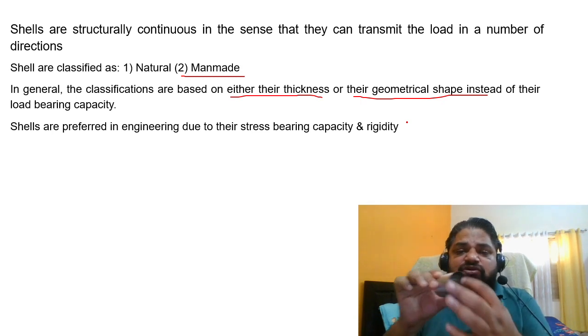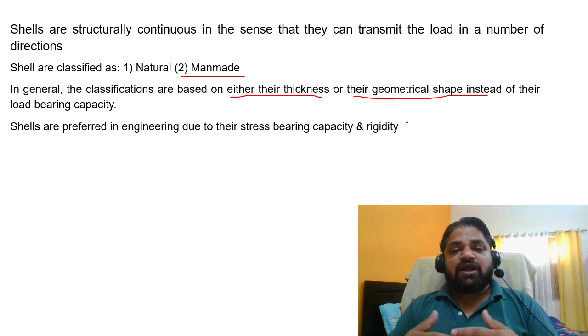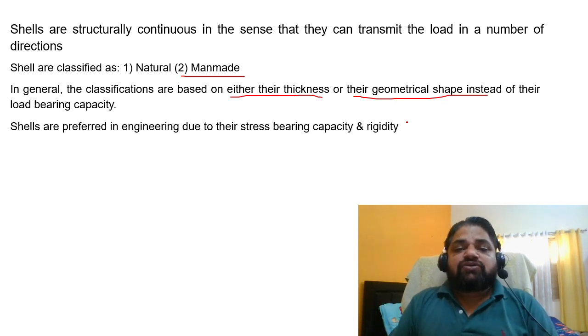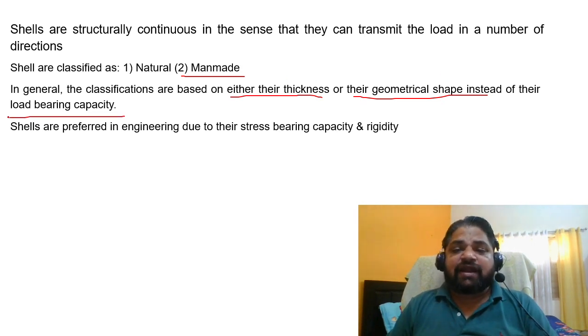If the thickness changes, how is it going to affect the total internal pressure? With the same internal pressure, different thicknesses may create different kinds of stresses. So either by thickness or by geometrical shape, but they are not classified based on their load bearing capacity.